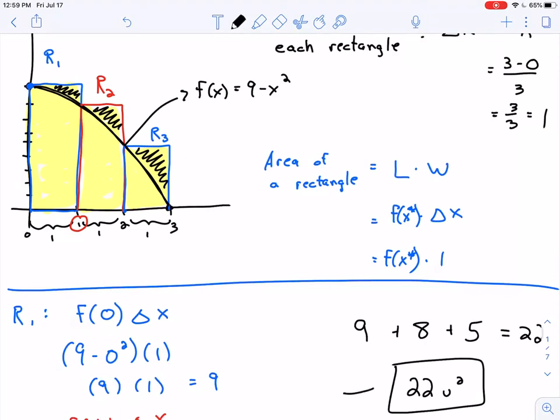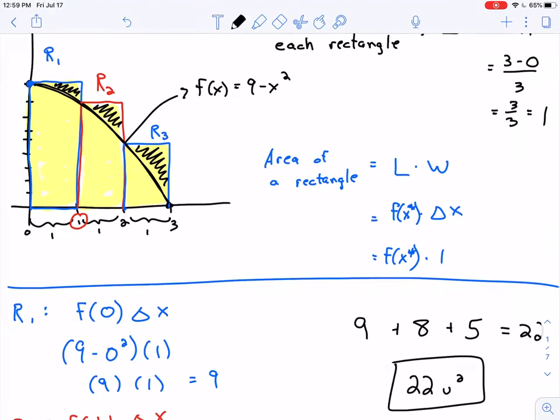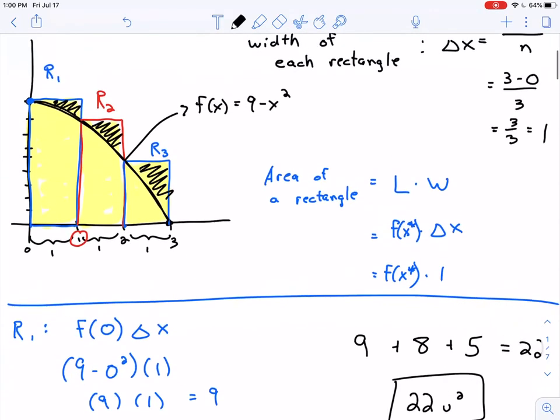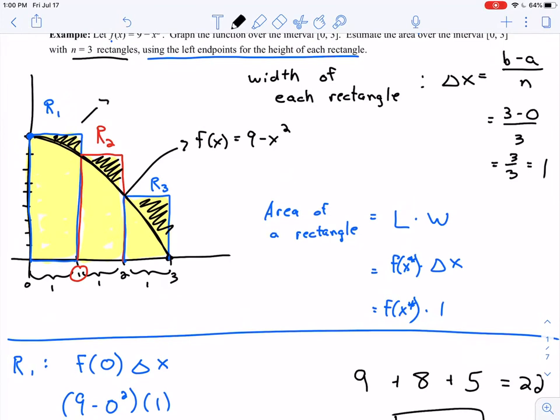Meaning this 22 units squared, is this higher than the actual area under the curve, or lower? In this case, I can look at these overhangs, right? Each one of these areas we said was a little bit too big. This is an overestimate.